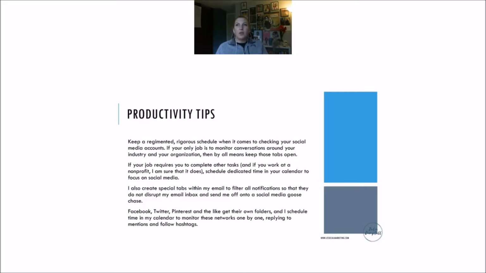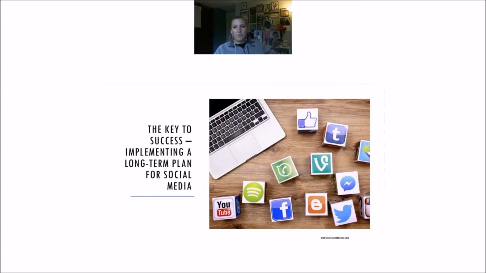Don't let your notifications from social media go to your regular inbox. Send them to a special folder in your email so you can check them during your social media time. Everything gets its own folder in my inbox, and then I schedule time to monitor these networks one by one and check out notifications.